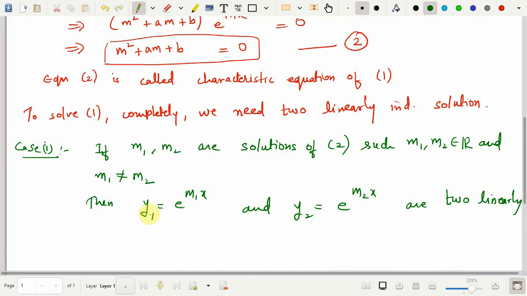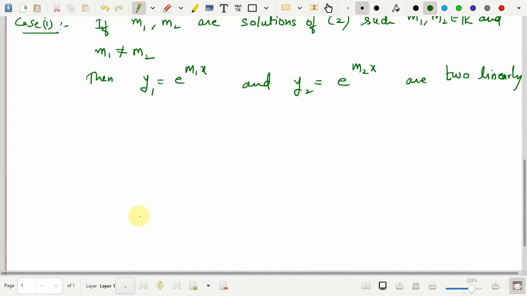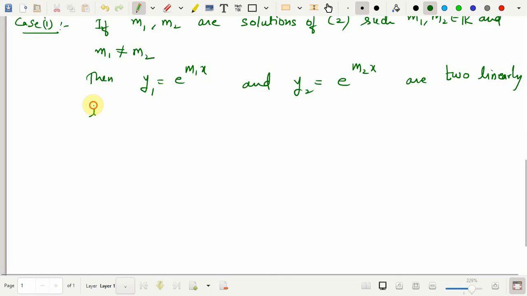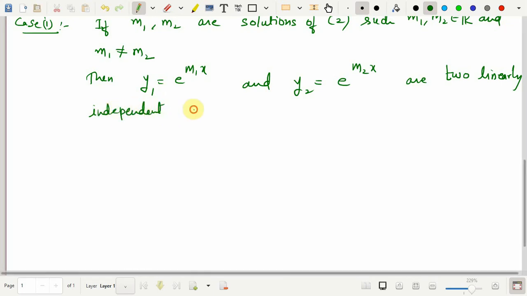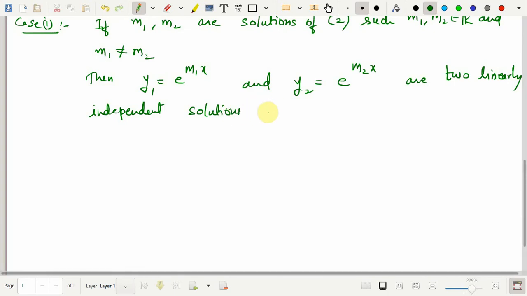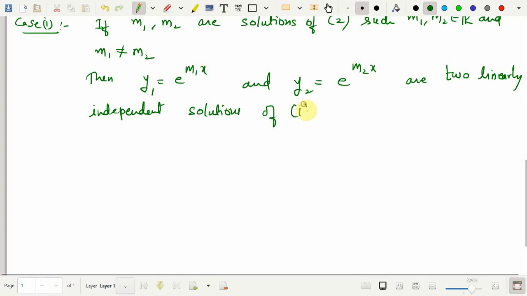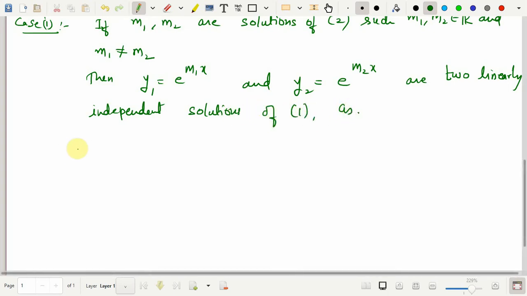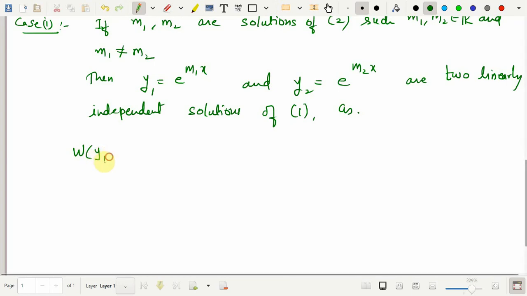Definitely they are solutions. The only thing we need to check is whether they are linearly independent or not. Are they two linearly independent solutions of 1? So I'll check the Wronskian of y1, y2 at x.